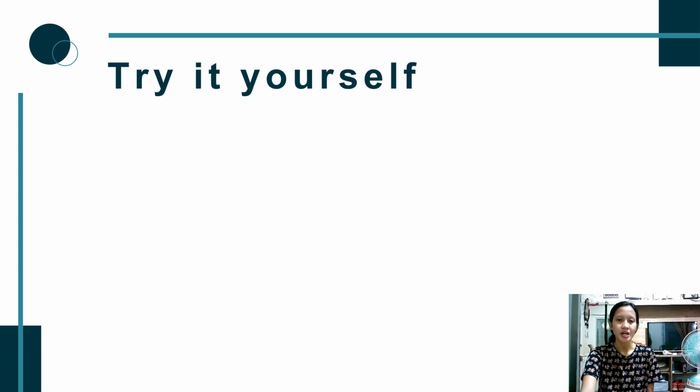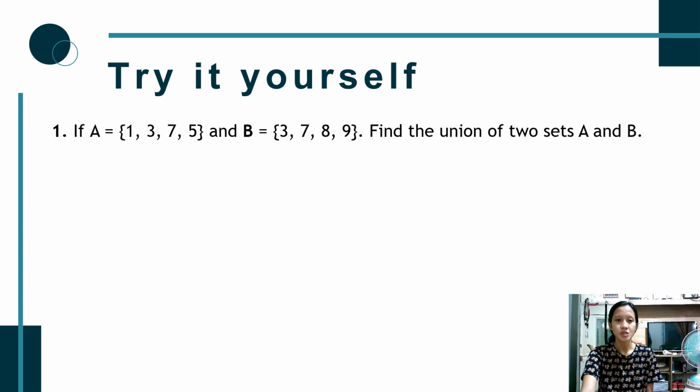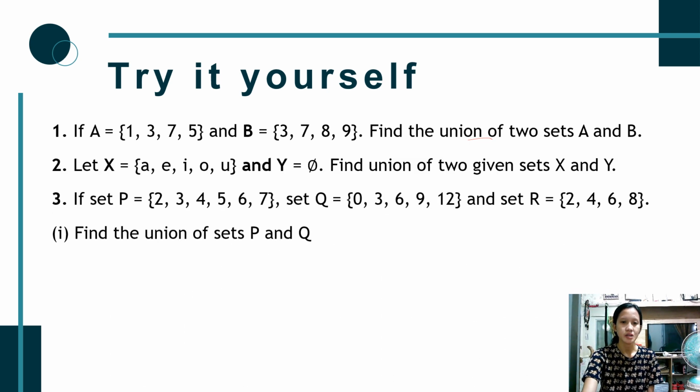Alright, so let's try it. If A is equal to 1, 3, 7, 5, and B is equal to 3, 7, 8, 9, find the union of the two sets A and B. You can pause the video and try it yourself. Alright, let's go back to our first example.